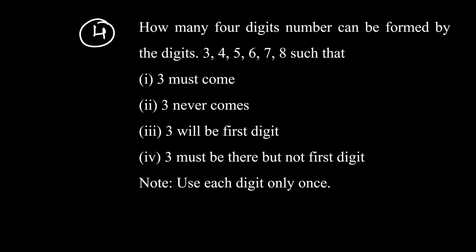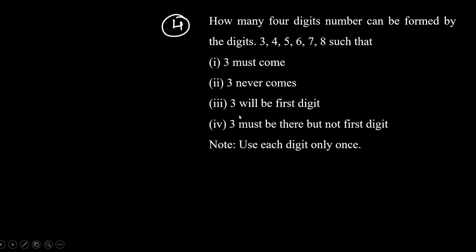You may also get a lot of doubts while solving. Initially 2-digit numbers, then 3-digit numbers, now we have entered 4-digit numbers. Four questions on the same data: 3 must come, 3 never comes, 3 will be the first digit, 3 must be there but not as the first digit. So what is the answer to the first question?